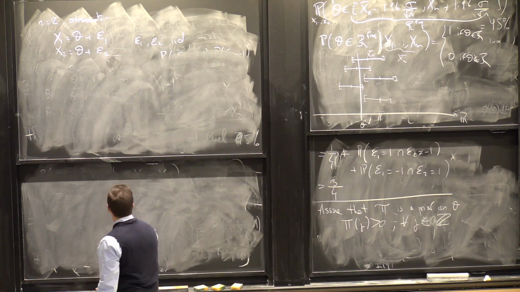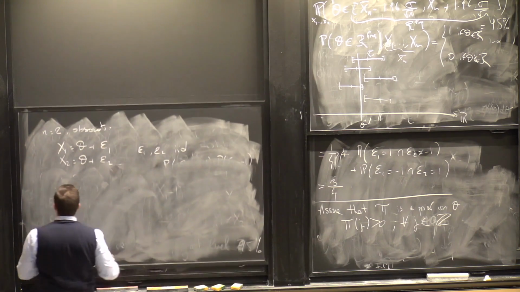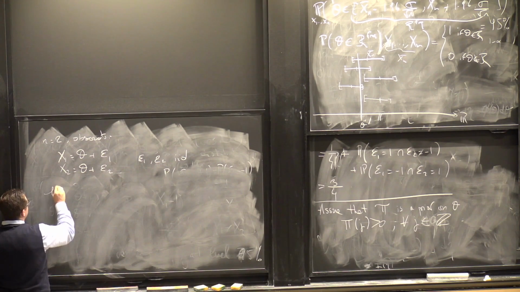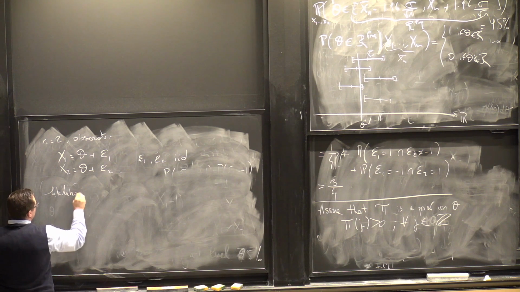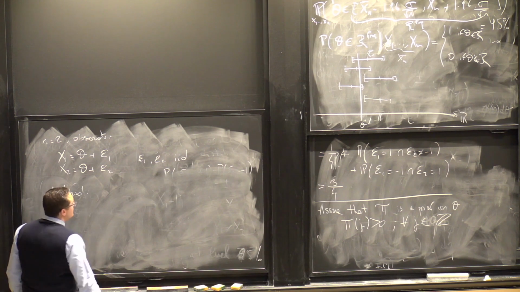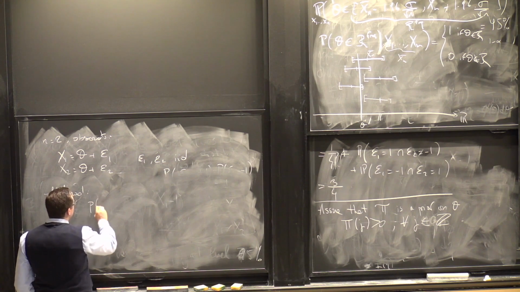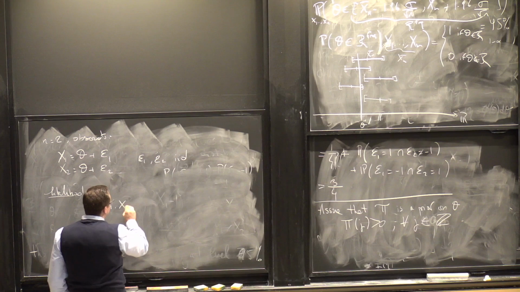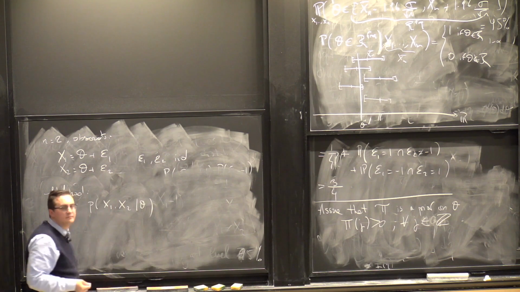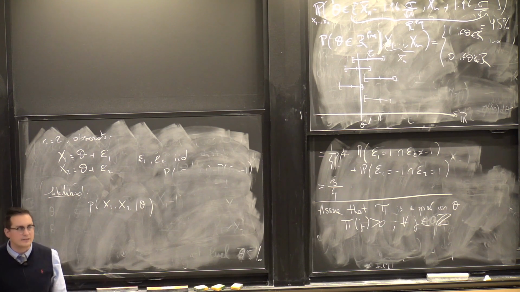So what is my likelihood, right? My likelihood is the probability of x1, x2 given theta. That's what the likelihood should be.